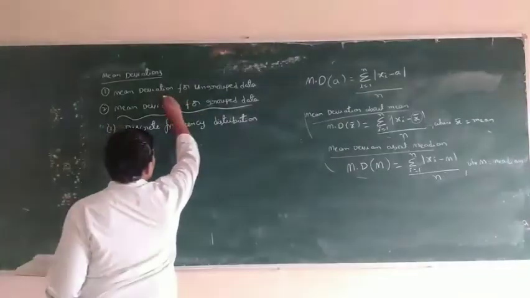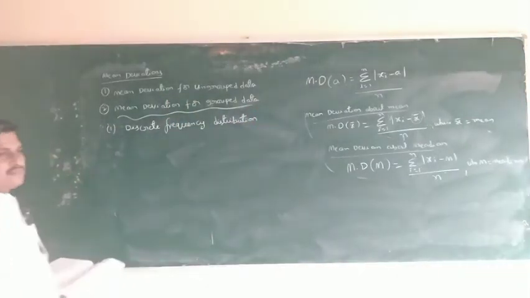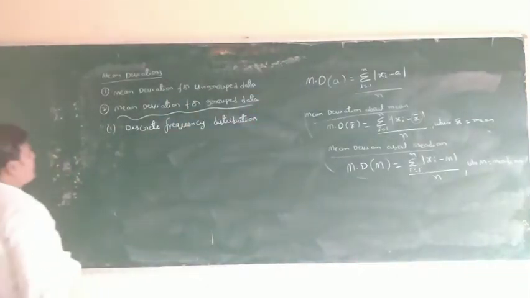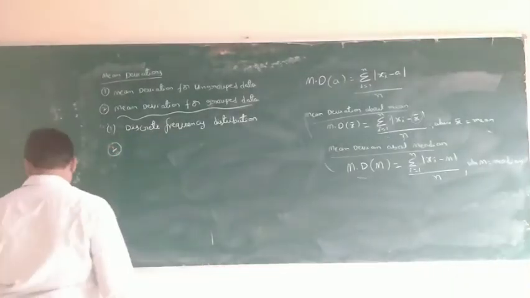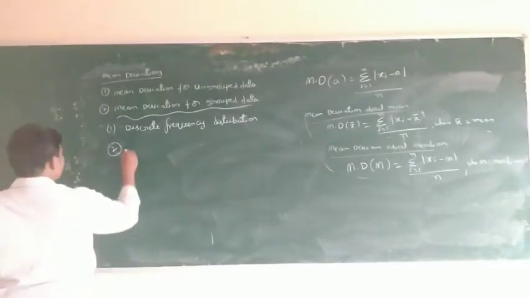For grouped data and ungrouped data, there is only a single method. So discrete frequency distribution is the first one, and continuous frequency distribution is the second one.